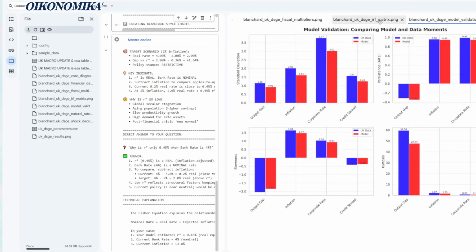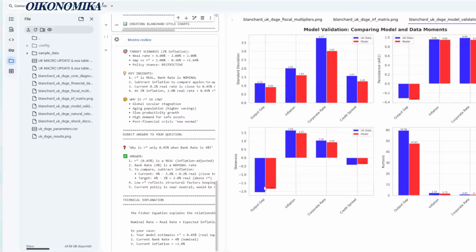And yes, these are the diagnostic tools for the output gap, inflation, and credit spread. So the comparison between the data which are uploaded and what the model extrapolates by using the Blanchard method.